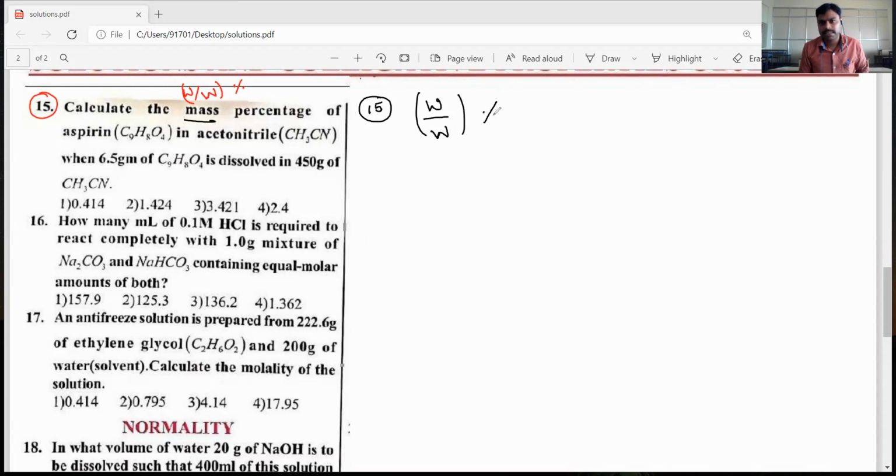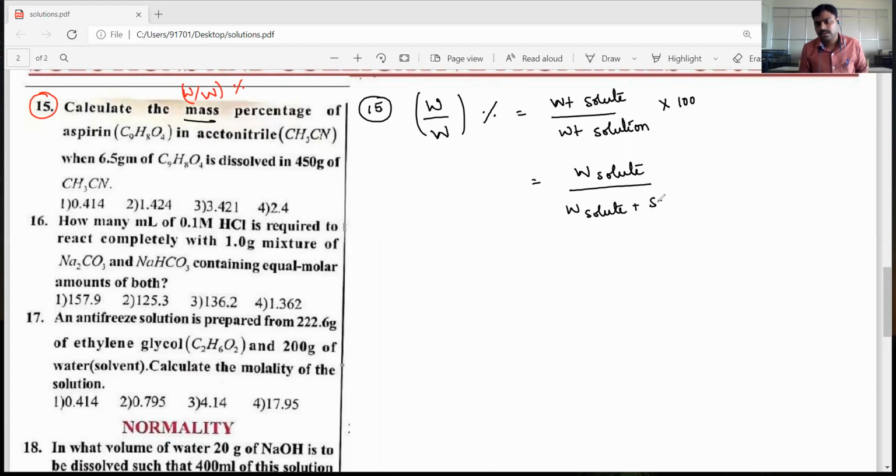Weight by weight percentage is nothing but weight of solute divided by weight of solution into 100. The weight of solution is nothing but weight of solute plus weight of solvent.